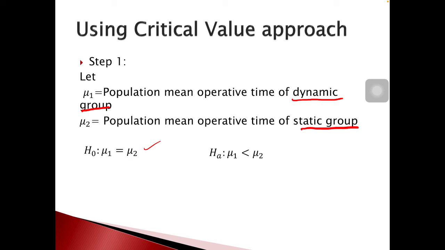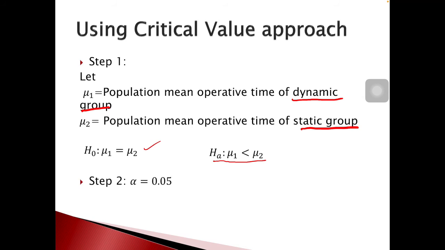Mean operative time less than the static case, which means our alternative hypothesis is mu1 less than mu2. Your alternative hypothesis you have to pick according to what they have asked, but your null hypothesis is always mu1 equals mu2.